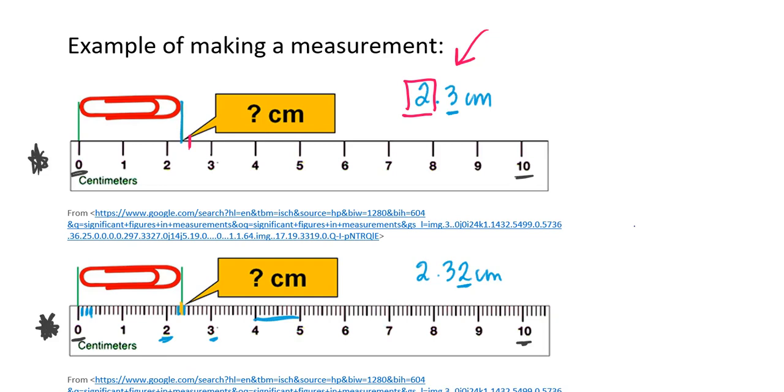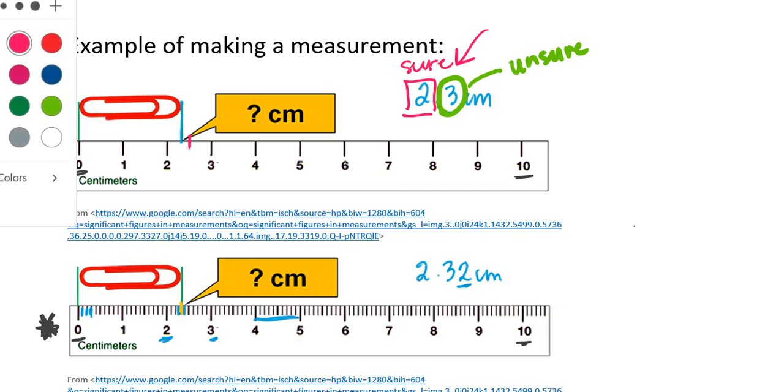So I am sure of that 2 that I just put in the red box. However, I had to guess at the 3 that's behind the decimal point. And so this number right here is a digit that is unsure. So the 3 is an unsure or uncertain digit, and the 2 is a sure or a certain digit.